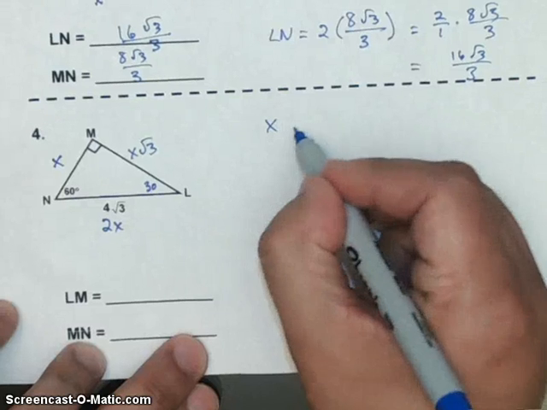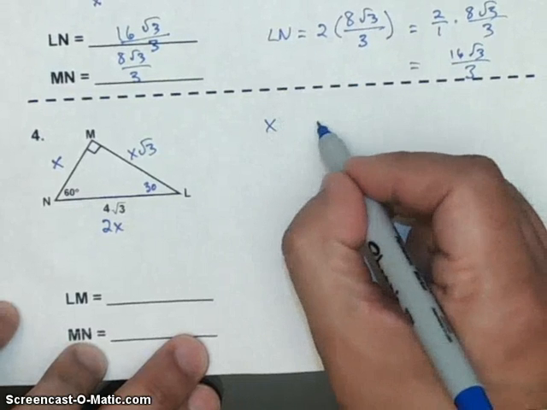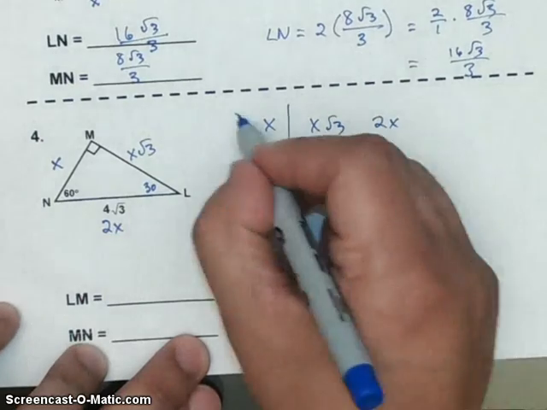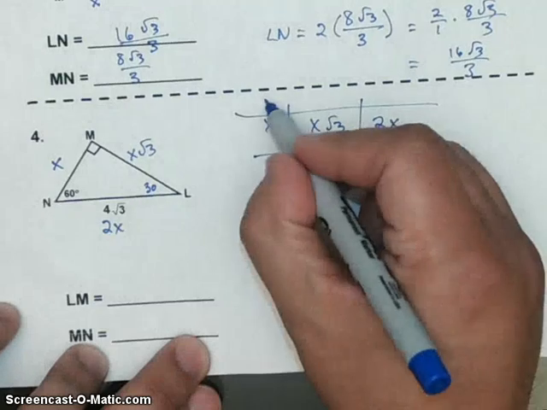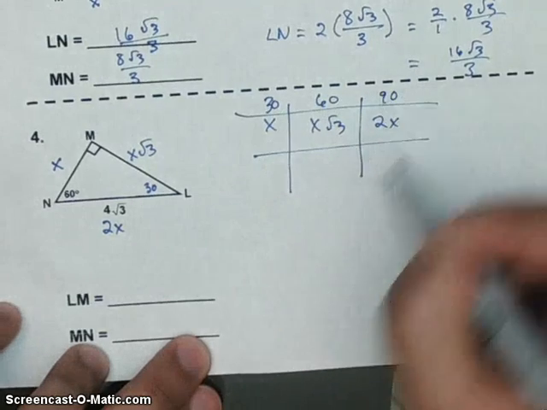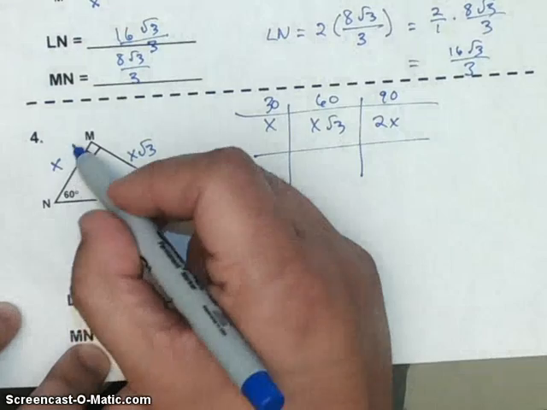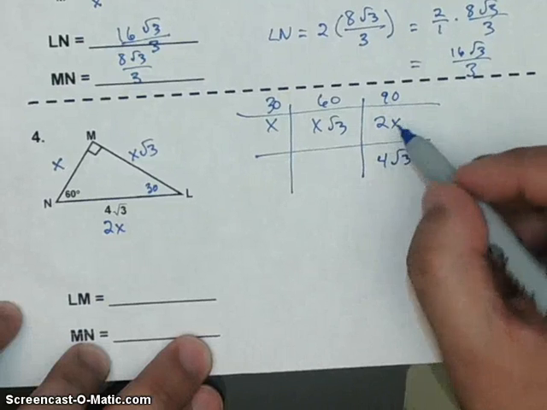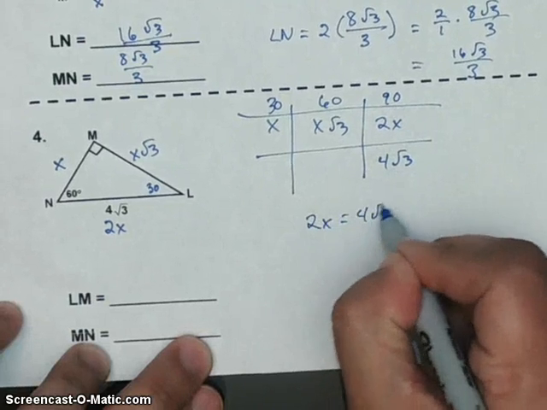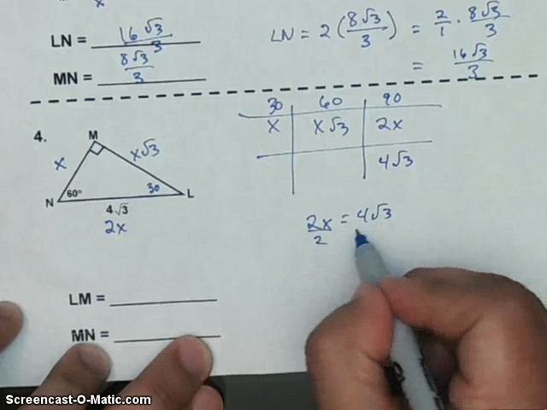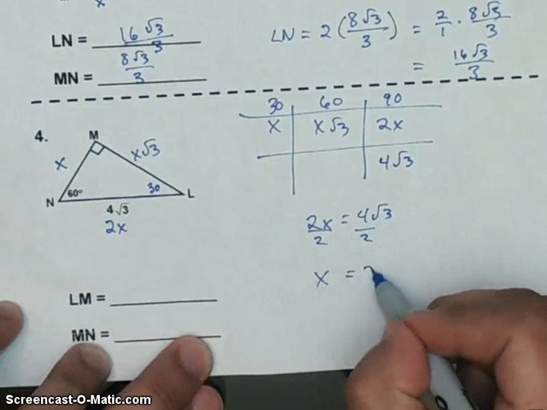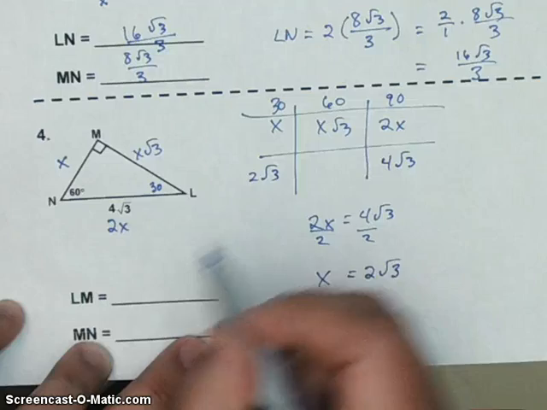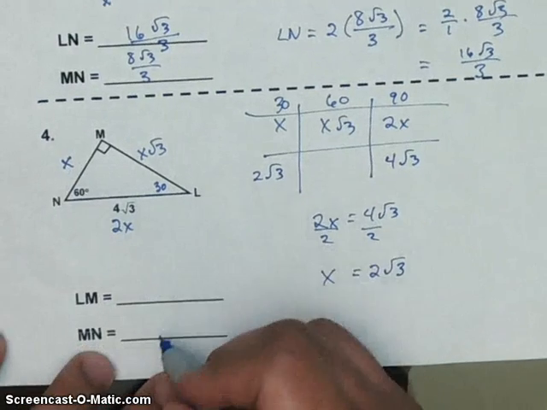Again, if you want to use the table, they gave us the one across the 90, which is 4 square roots of 3. So that's what I'm going to set equal, and divide both sides by 2, which we said was the NM side.